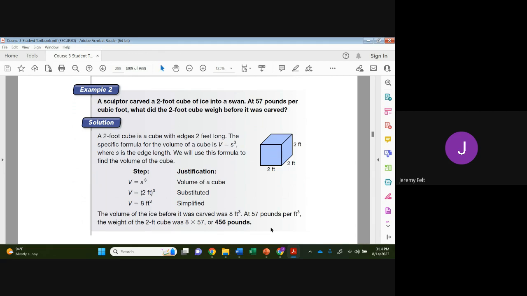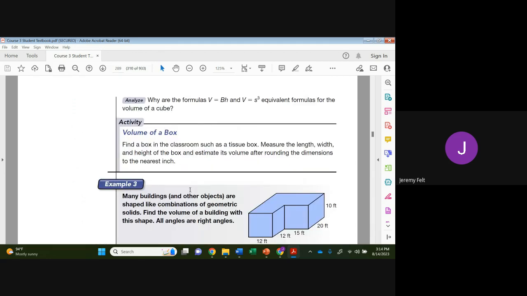How much dirt is it going to take, and how many pounds of dirt is it going to take if you get so many cubic feet per pound or so many pounds per cubic foot? How much is it going to take you? So oftentimes we need to find the volume of some 3-dimensional shape in order to figure out how much of certain supplies we're going to need.